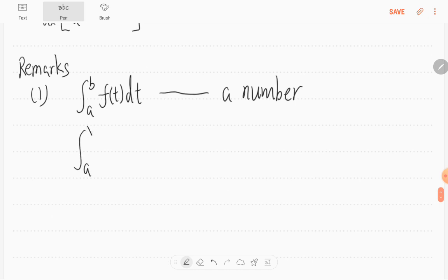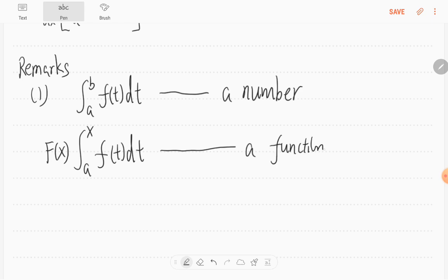And this one, the integral from a to x of f of t dt, this is the capital F, which is a function of x. Okay, a function of x.